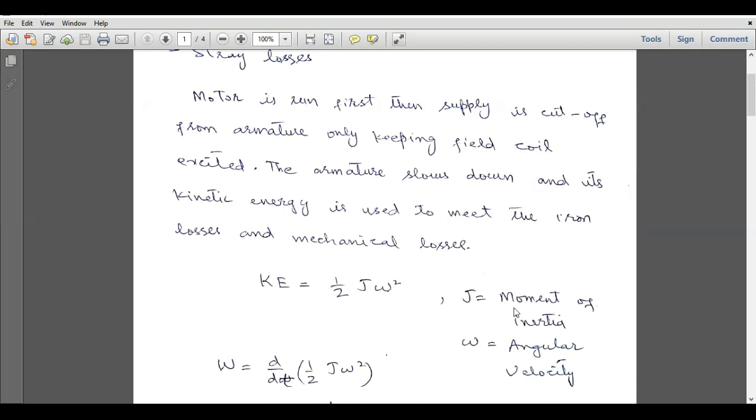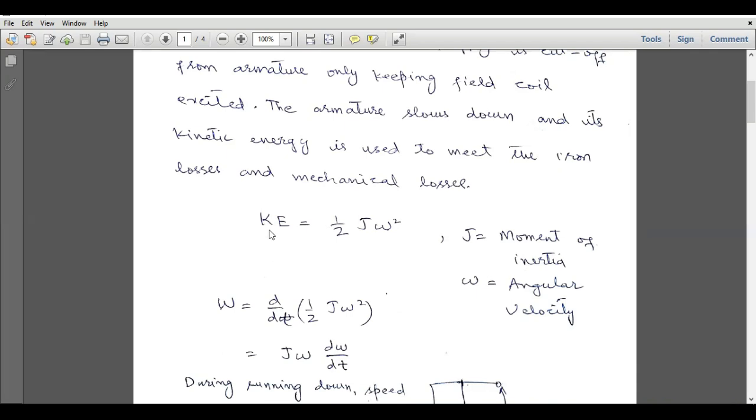Here, J is the moment of inertia and omega is the angular velocity, and that kinetic energy will be used to cover the stray losses in the DC motor or DC machine, because we are not providing any mechanical or electrical input to the system.